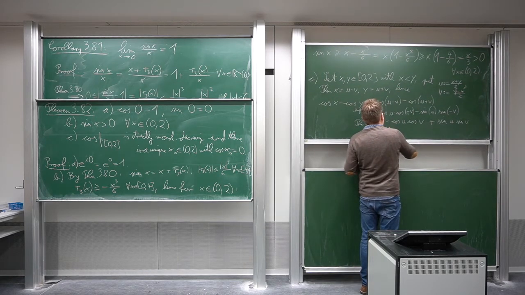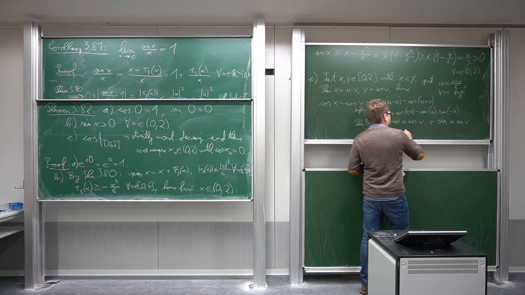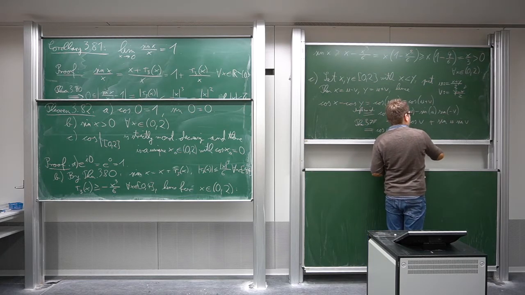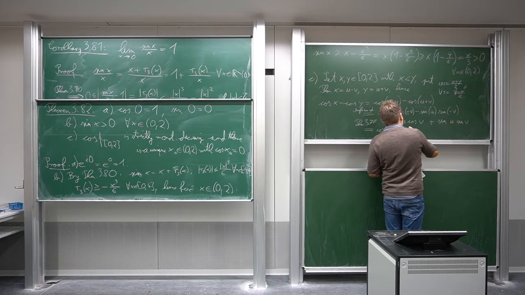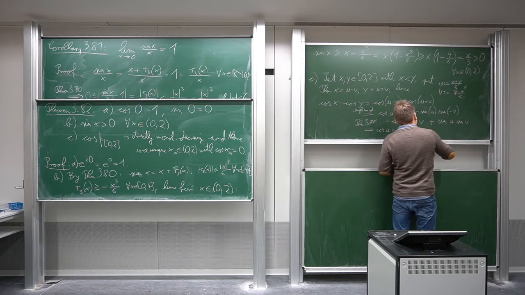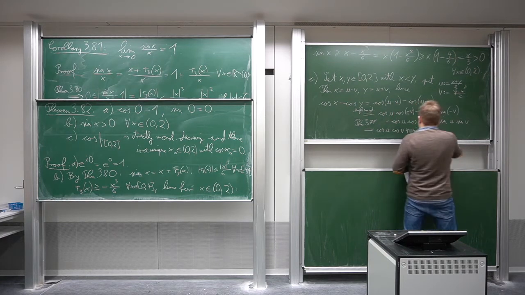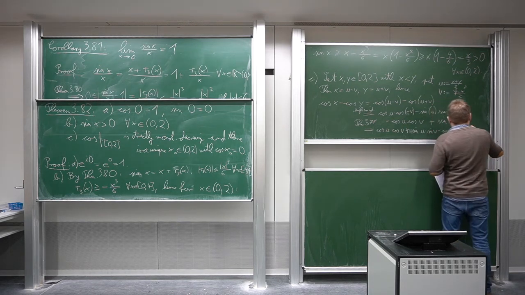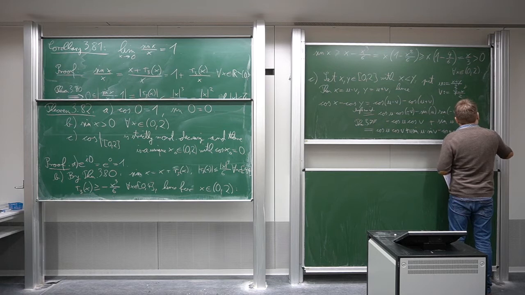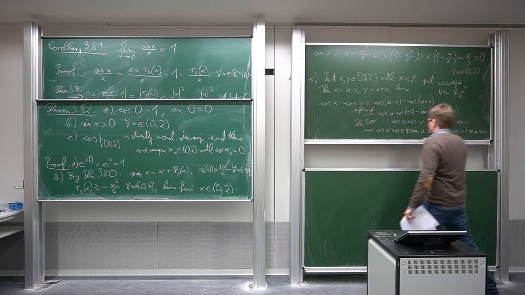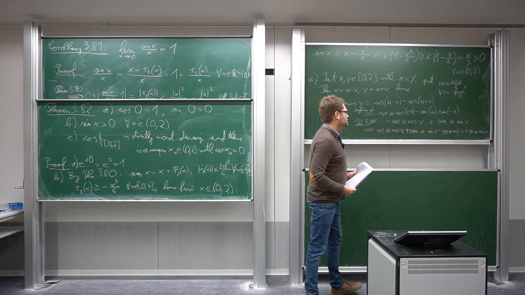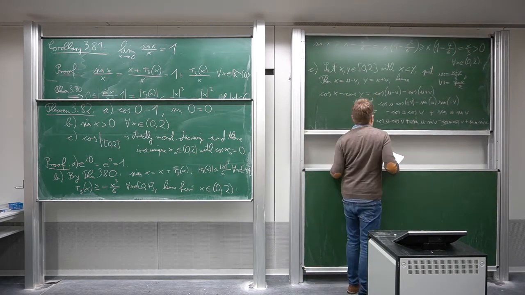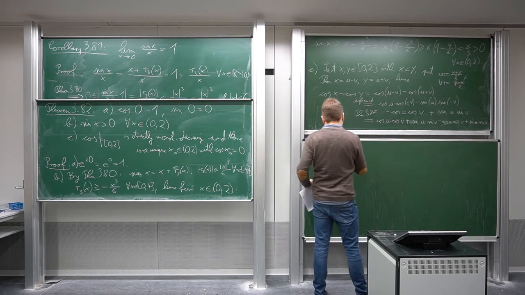This means we get cos u cos v minus cos u cos v plus sine u sine v plus sine u sine v, and of course we see that the cosine terms cancel each other out.